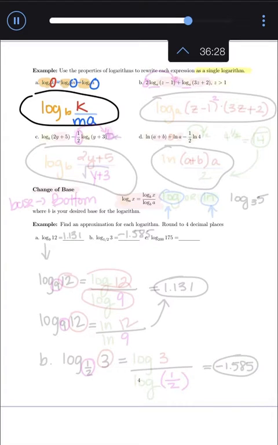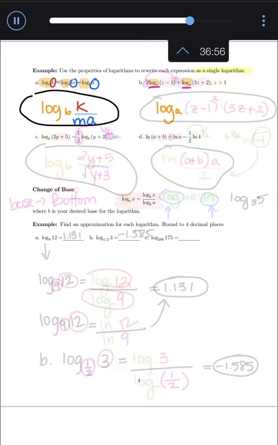Okay, let's look at problem B. On problem B, what types of logs do we have? We have a log base a on our first piece and a log base a on our second piece. So when we put these together, we're going to have a log base a of some kind. Now, before we do anything, though, we can't bring the two logs together until we just have the logs there.